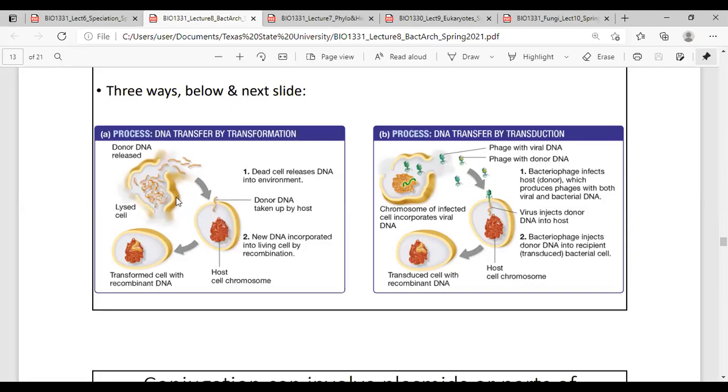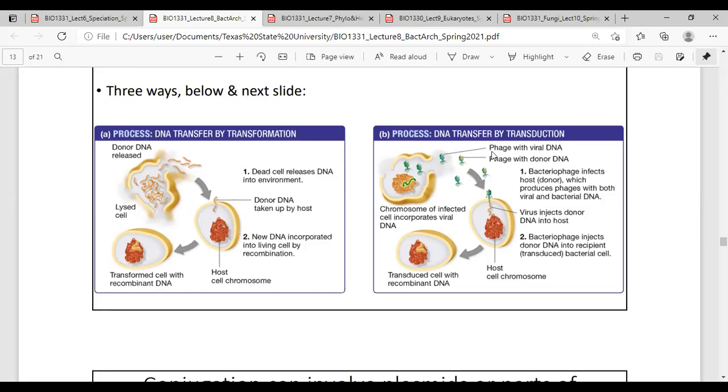So this guy is the donor. This guy is the new host, the host cell. He takes that DNA, incorporates it into his DNA, and suddenly you have a totally new cell, and this is called DNA transfer by transformation. It's taking in DNA and transforming it into something new.